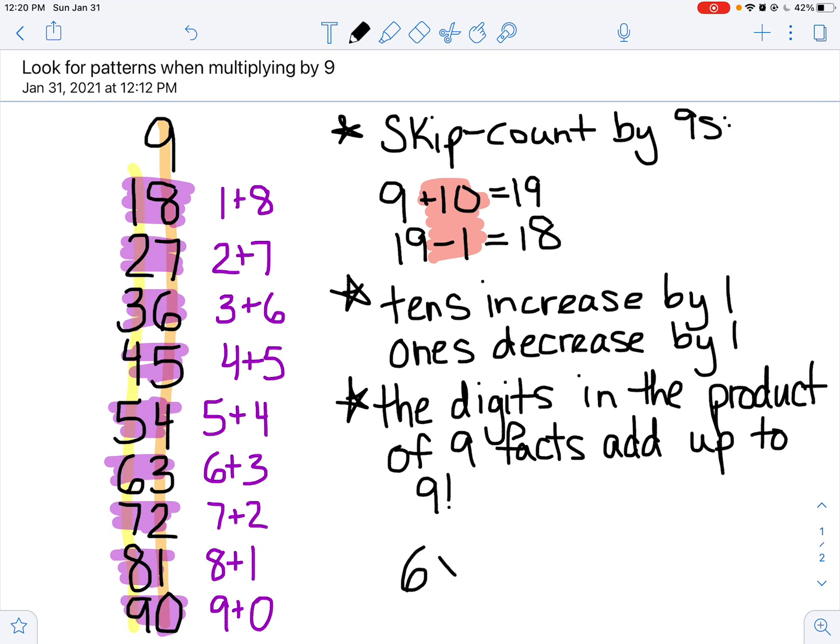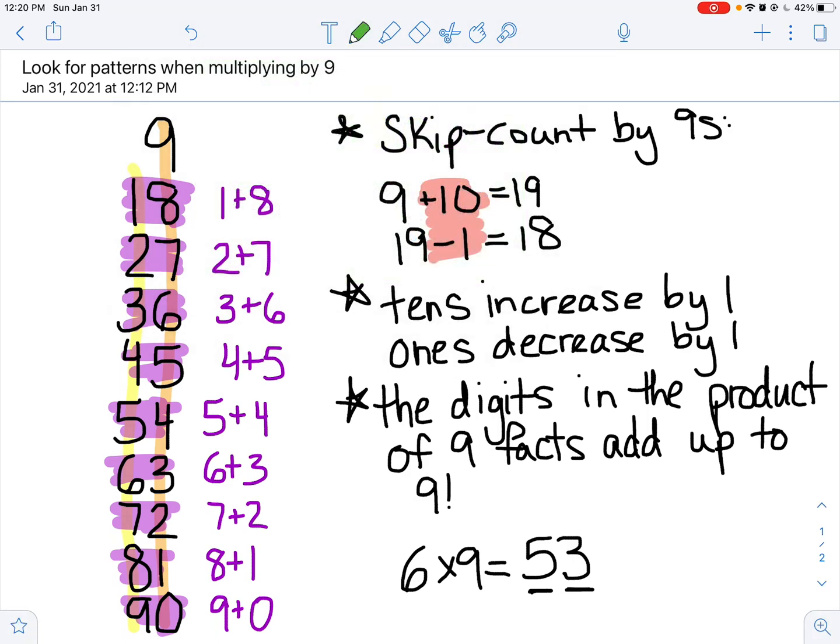So if you were to solve something like 6 times 9, and you get an answer of 53 because you've counted some dots or you skip counted or something, you can always check, is 5 plus 3 9? If it's not, then you know you've made a mistake somewhere.